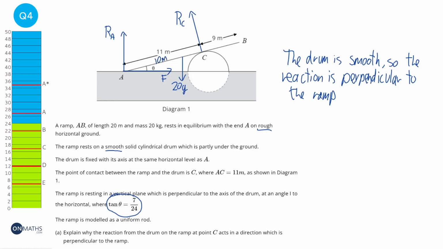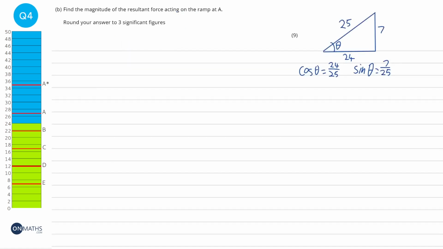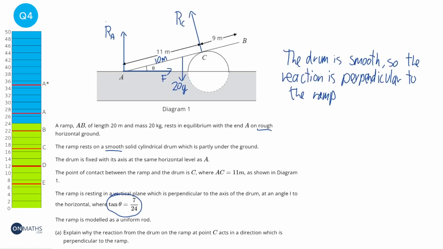So to find the magnitude of the resultant force, we'll need the RA and the F. That's basically what we're looking for. If we know both of those, then we can use Pythagoras to work out the magnitude. So the first thing we're going to do is consider moments about point A, and we're going to have a look at all of the forces that are going clockwise and get them equal to all the forces going anti-clockwise.